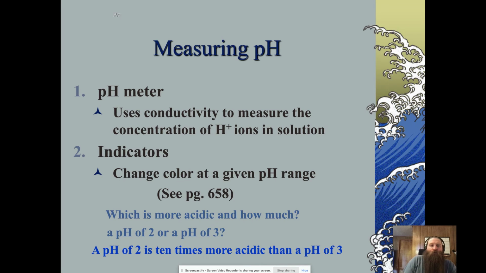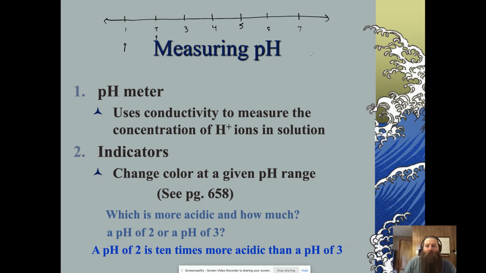Well, let's measure pH when we go from 2 to 4. So let's draw it as a number line. We'll say here's a pH of 1, 2, 3, 4, 5, 6, and there's neutral. So let's start at a pH of 1 and compare that to a pH of 2.